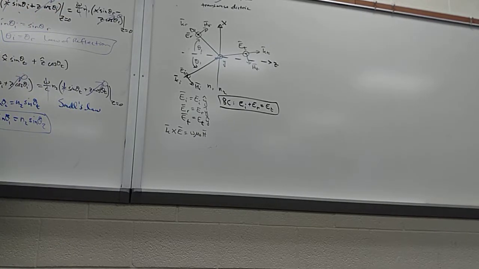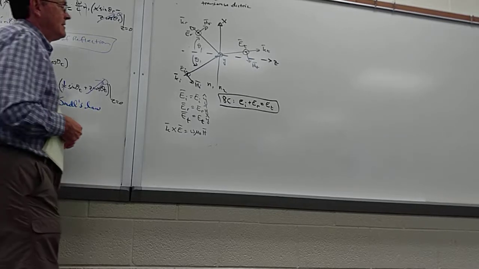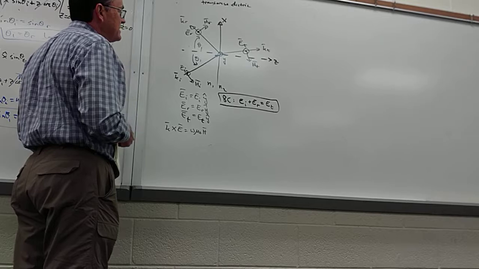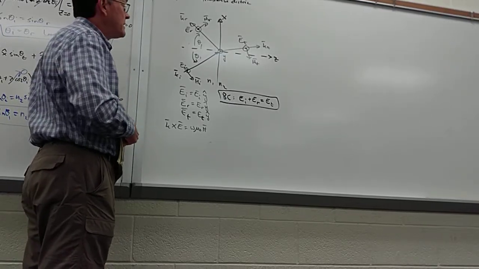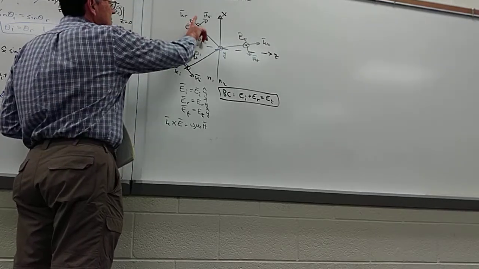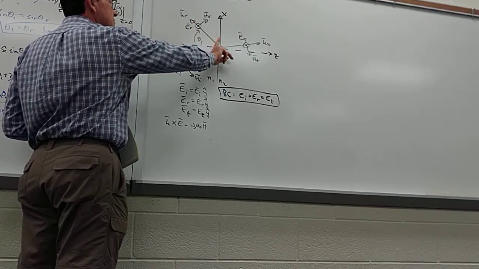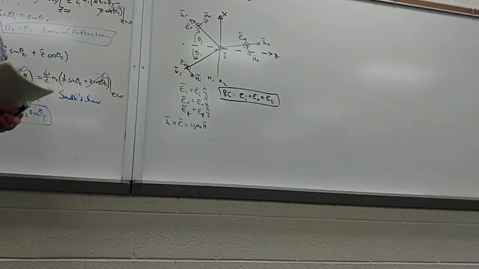Okay, so now what we need to do is write down the boundary condition on the magnetic field. And the boundary condition on the magnetic field is that the total tangential component on the left side is equal to the total tangential component on the right side.